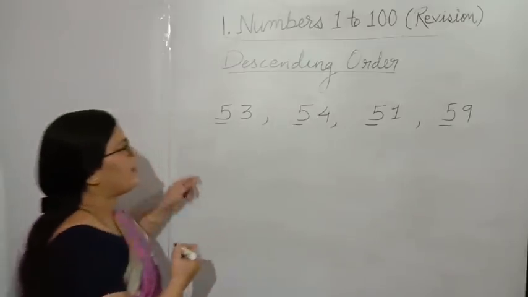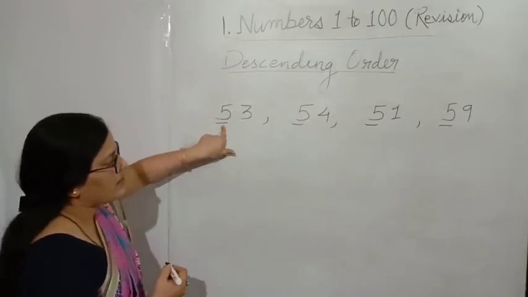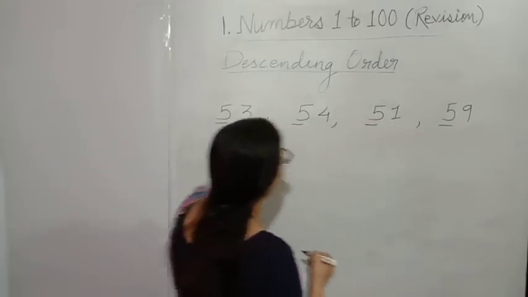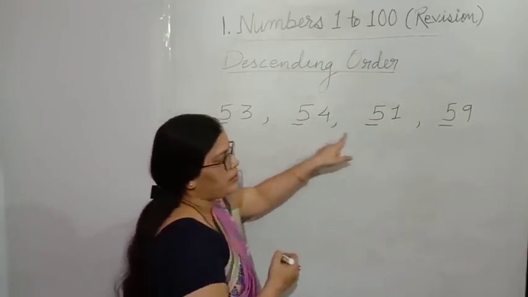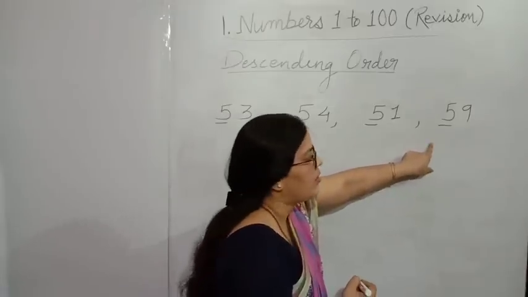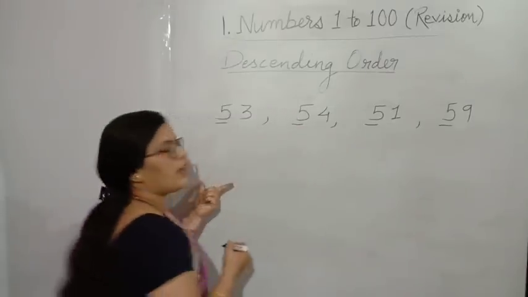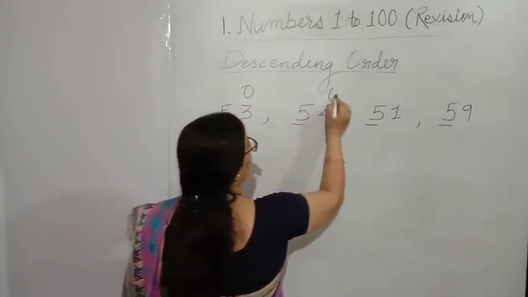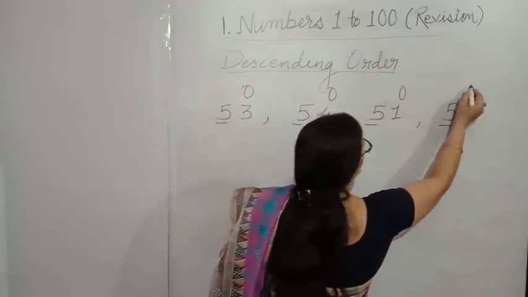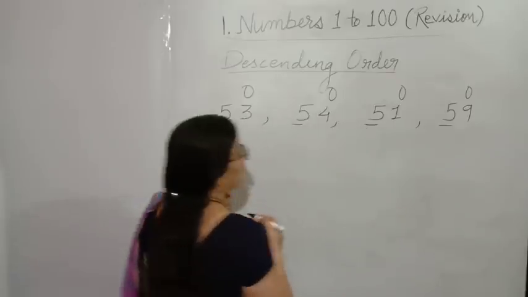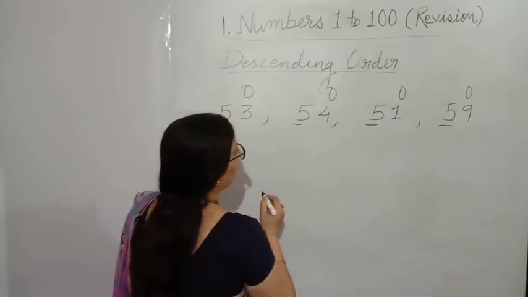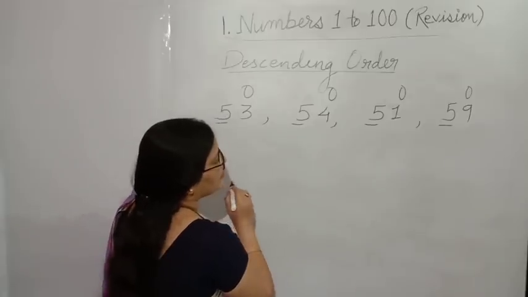What you can see here is that in all these four numbers, the tens place is the same, 5. So how will we compare the numbers? By comparing ones place, we'll find which number is the smallest and which one is the biggest. First of all we'll find the biggest number.